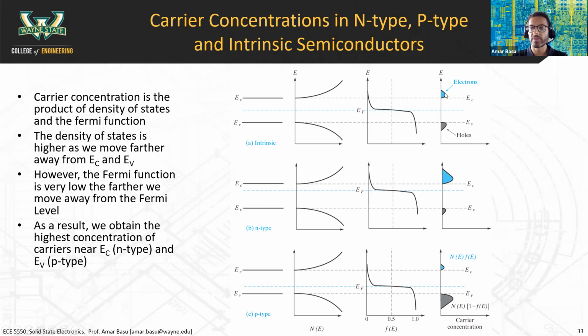This is how your number of electrons looks here. There's a larger region of energies where the electrons can exist, so there's a higher electron concentration.